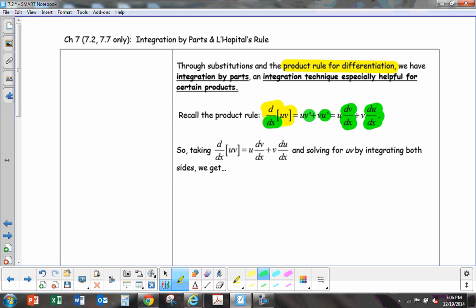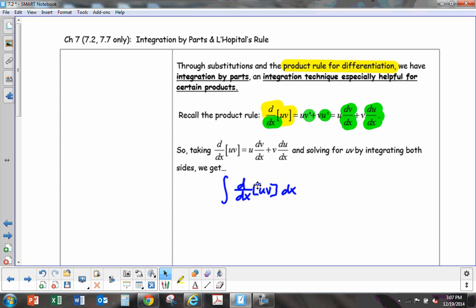So now if I take that same product rule derivative formula and I want to solve it for the left side, get uv just by itself, I want to undo the derivative. To undo the derivative, I'm going to integrate. So I'm going to integrate the left side, the d by dx of uv, with respect to x, so I'm going to put the dx there.